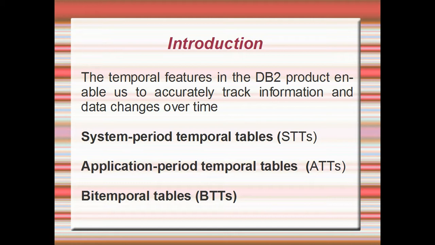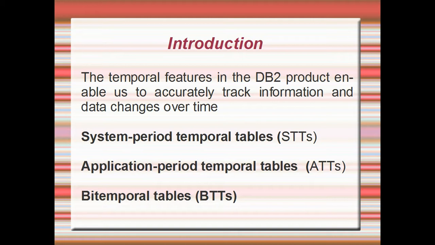But with this capability of temporal data management, we can save our data in some other table as and when some update or delete is fired on the table. So DB2 manages this data with three types of tables.